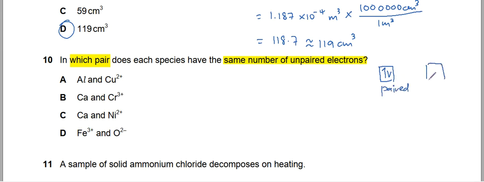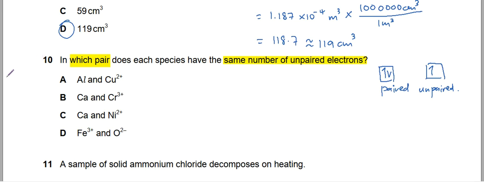When we have a single electron, it's unpaired. So for each of these species we need to work out the electron configuration, and once we know the electron configuration, we can work out the number of unpaired electrons.